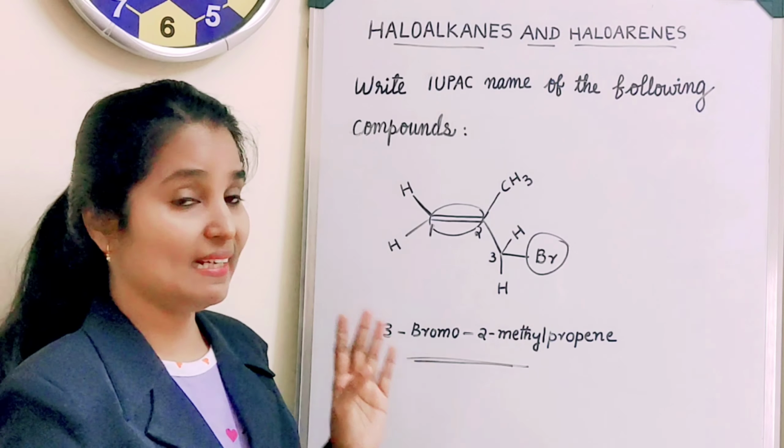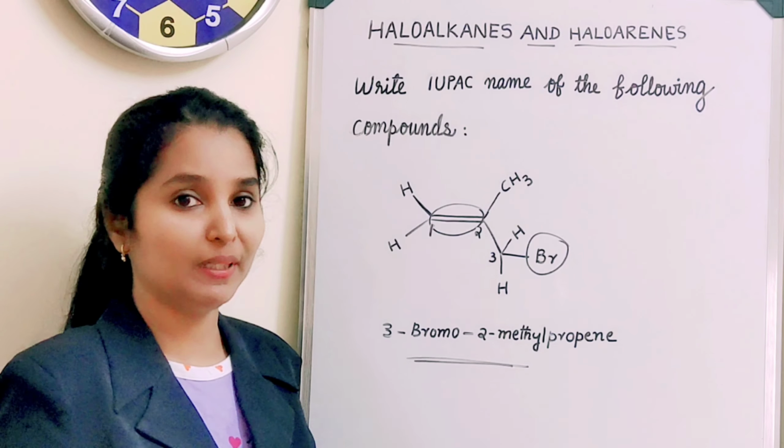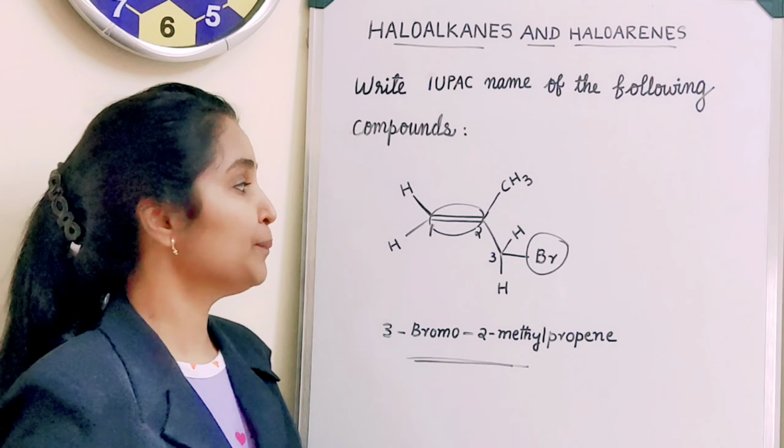You have already learned the rules of naming. What we have to be careful about is that you should be able to identify the functional group present and the substituents present, and identify which should be the main functional group, and that functional group should get the lowest number possible.